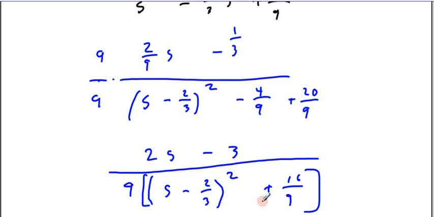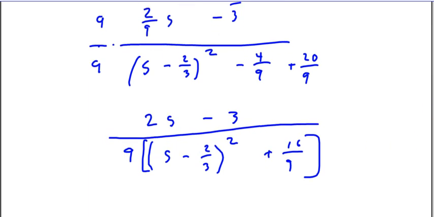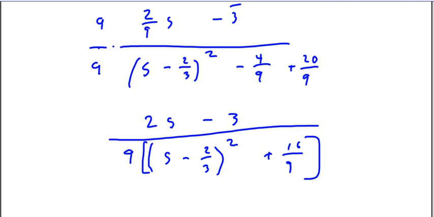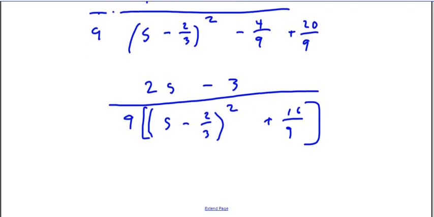And what do I want to do with that? Well, I have s minus 3 over 2. So I'd sort of like to have s minus 2 over 3 in things. Okay, because I'm looking at number 11 and I see that I'm getting close.